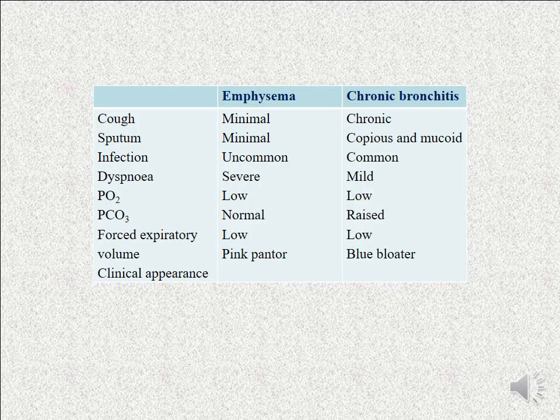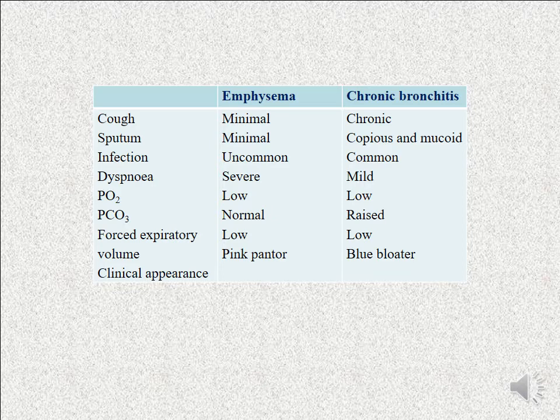The difference between emphysema and chronic bronchitis: the cough in emphysema is minimal, but in chronic bronchitis there is chronic cough. Sputum in emphysema is minimal, but in bronchitis it is purulent and mucoid, which leads to stagnation of bacteria and infection. Infection is uncommon in emphysema but common in chronic bronchitis.